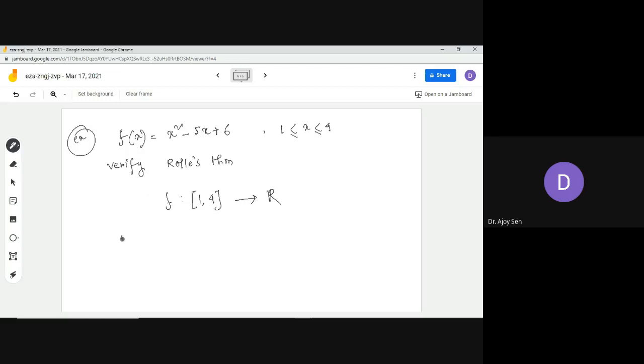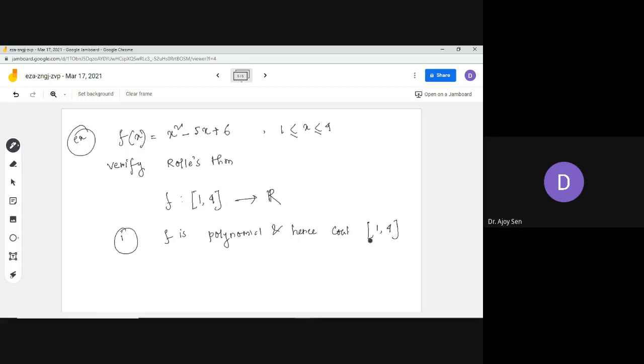The first thing is continuity. The function should be continuous in the region. This is a polynomial function, and you know any polynomial function is continuous.